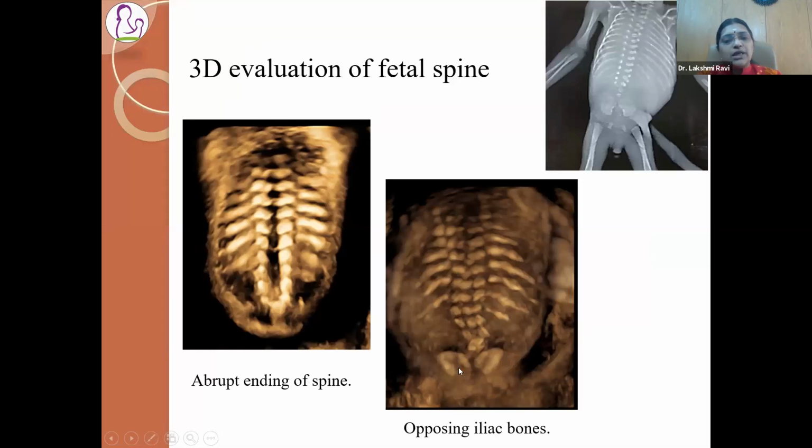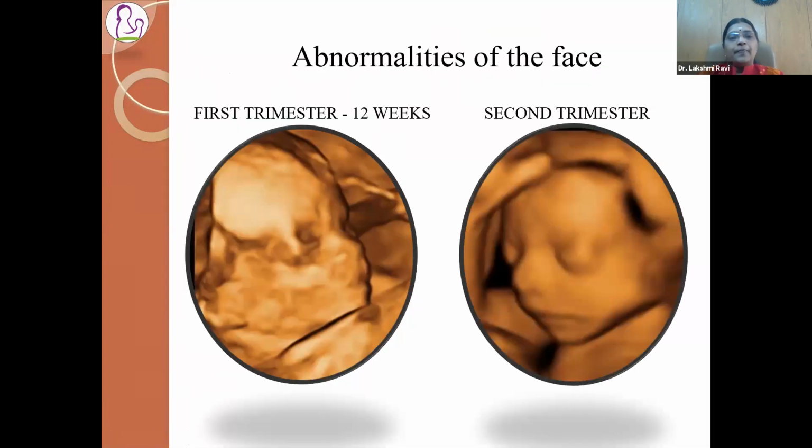You see the opposed iliac bones here, and there is complete sacral agenesis. And you see, you have brought nice 3D images, very similar to an infantogram, even better than an infantogram. That is the advantage of the correct and proper utilization of a 3D ultrasound.